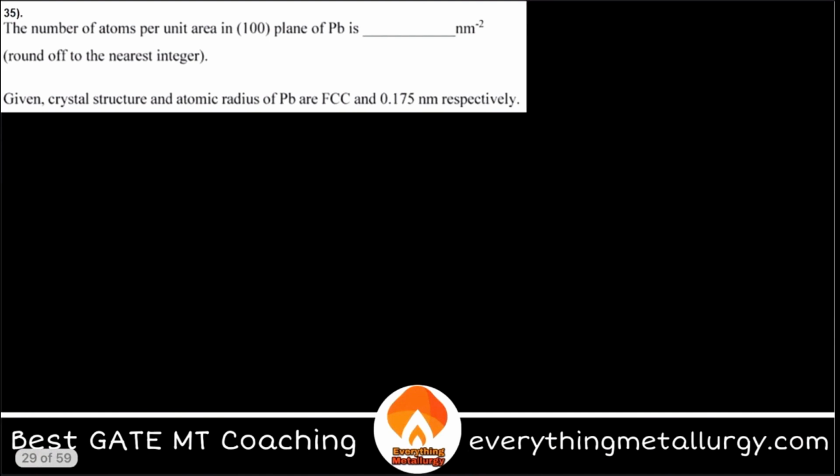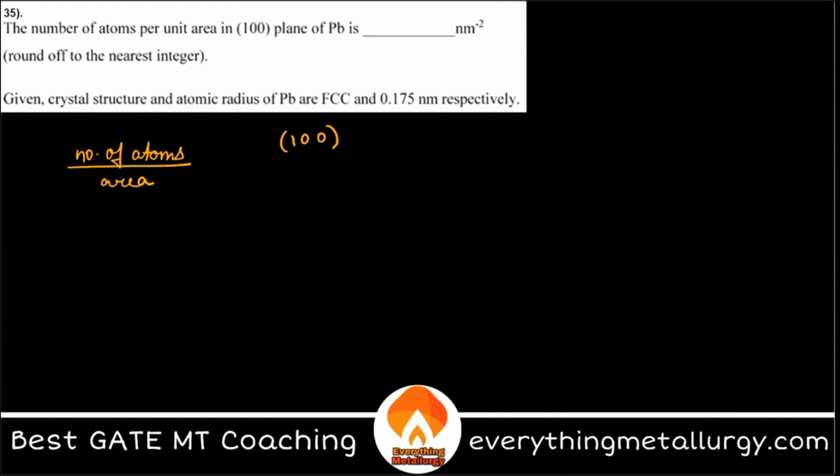Now going to the last question for the day. This is the last 1 mark question of the 2020 question paper. They're asking the number of atoms per unit area in the 100 plane.